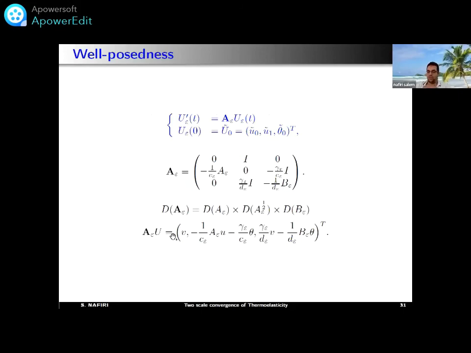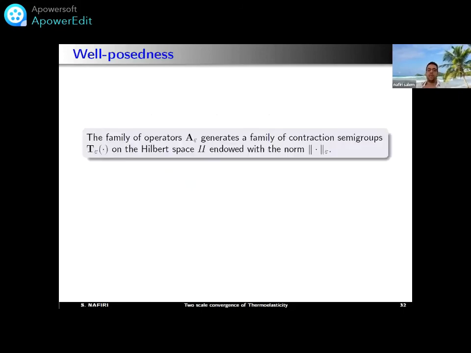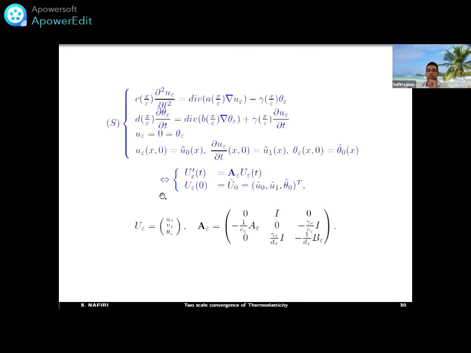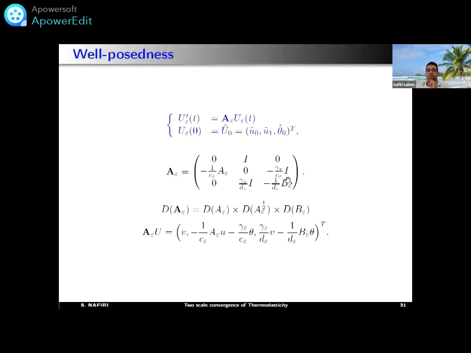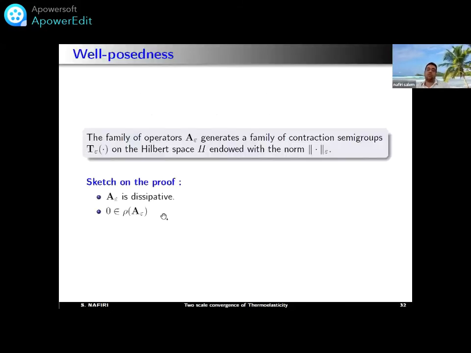We can show that A epsilon generates a family of contraction semigroups T epsilon on the state space capital H. The proof is just based on the Lumer-Phillips theorem. We show dissipativeness through the inner product that I defined before, and I show that 0 belongs to the resolvent set of A epsilon.